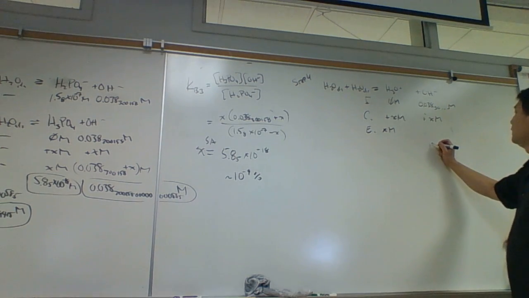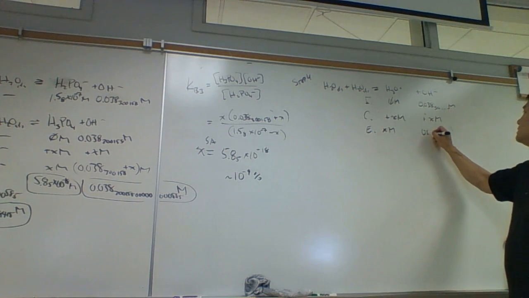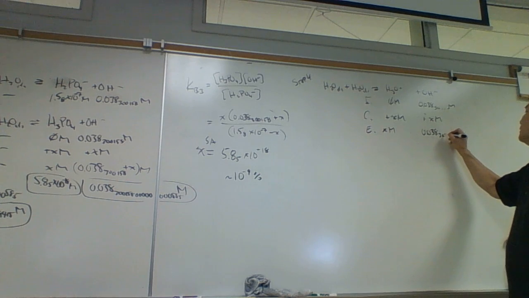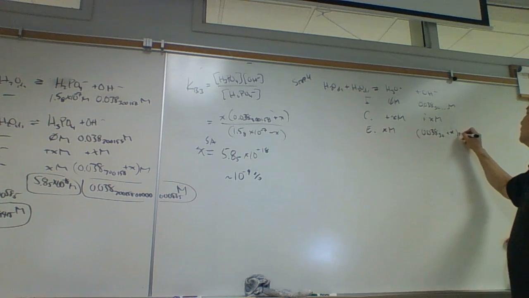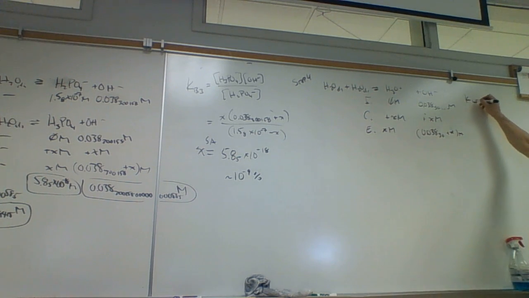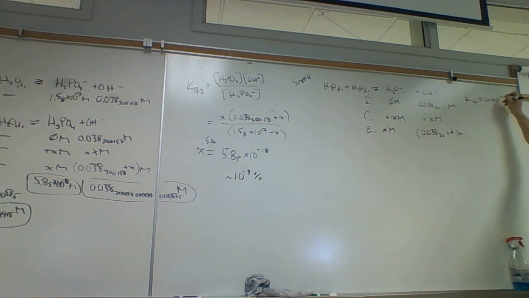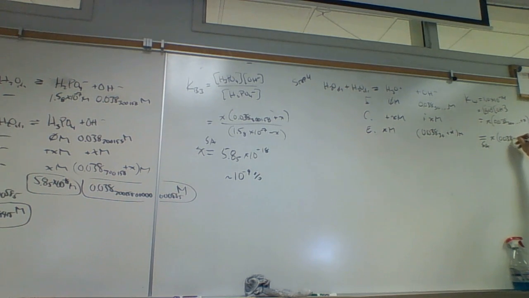Okay, and so over here we're going to have 0.03830 plus X molar. And so KW is equal to 1.0 times 10 minus 14, which is equal to the hydronium times the hydroxide, which is equal to X times 0.03830 plus X. Here we'll just use the simplifying assumption. So this is going to be X times 0.0383.